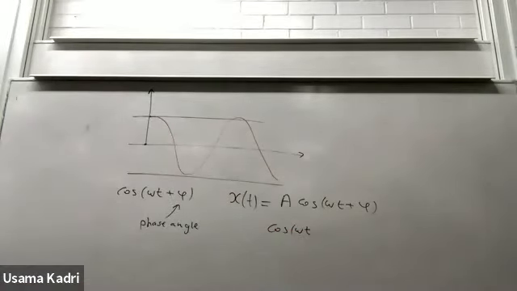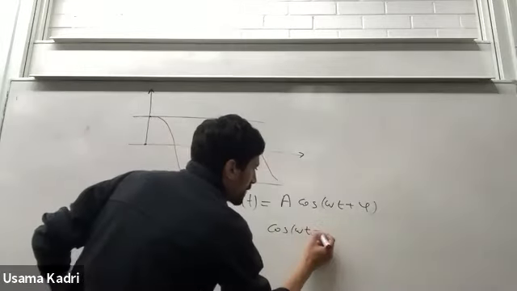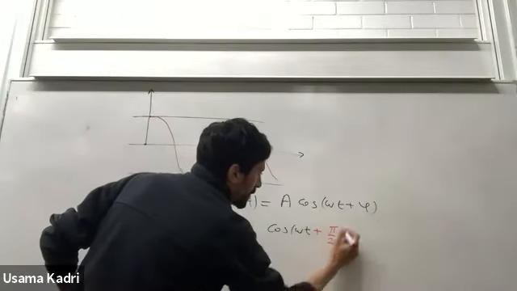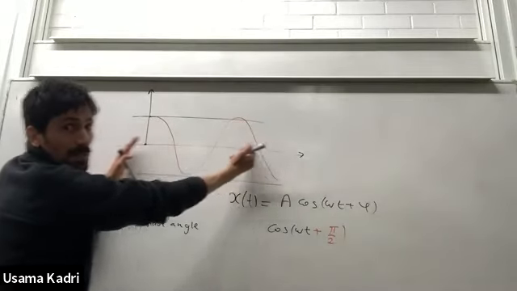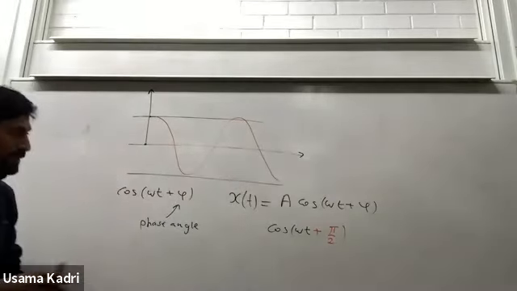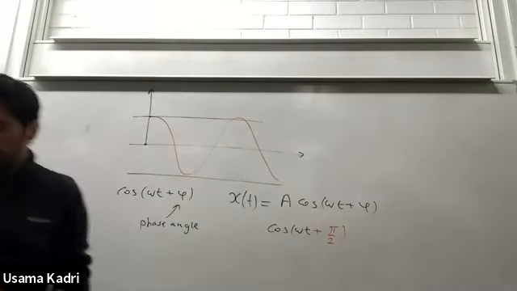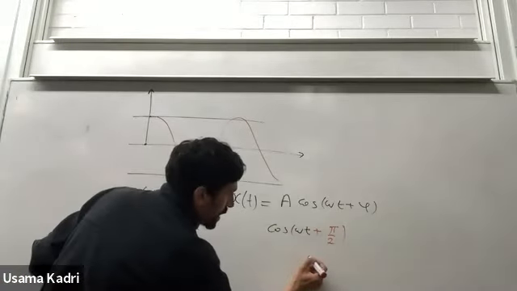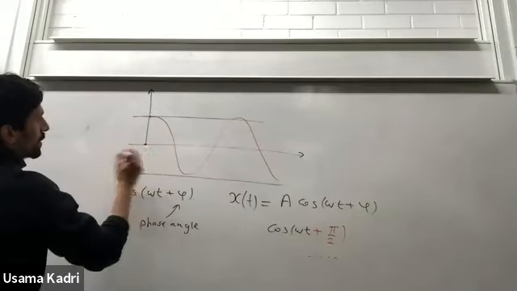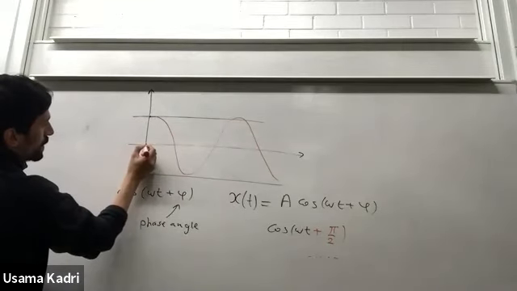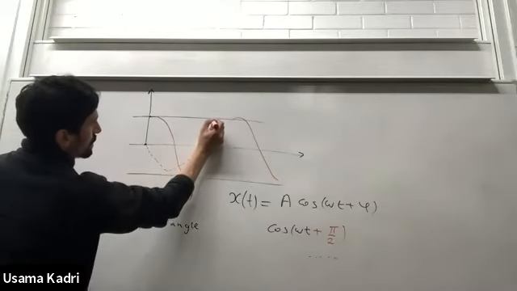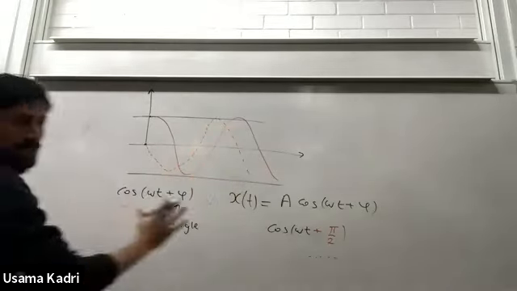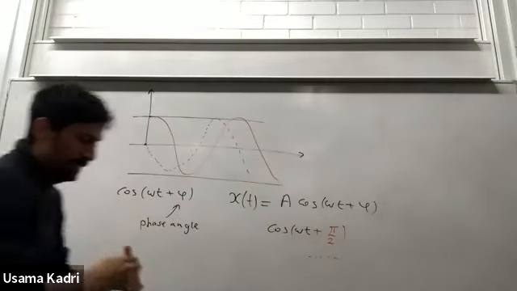And let's assume that I'm going to add to that pi half. So all I'm doing is shifting this to this side by pi half. So this part here, if it's the dashed line, it would be this part here. Okay, and you can shift to the right or you can shift to the left.